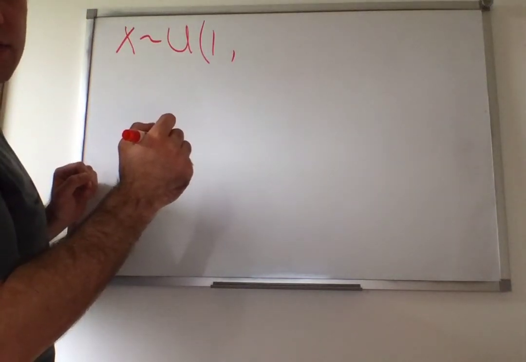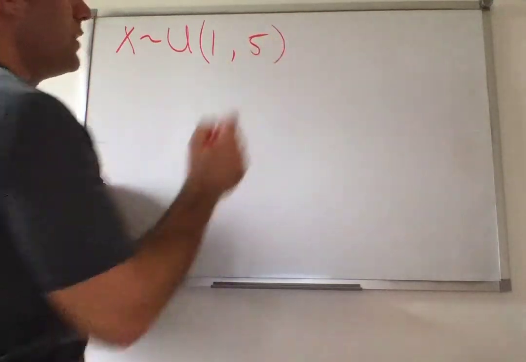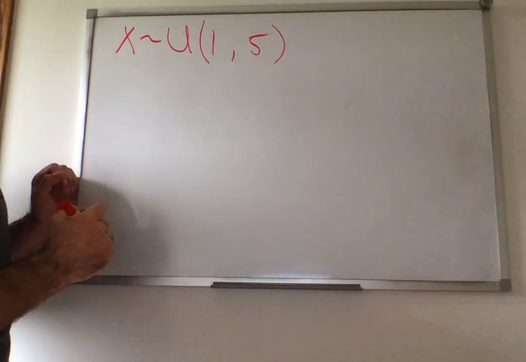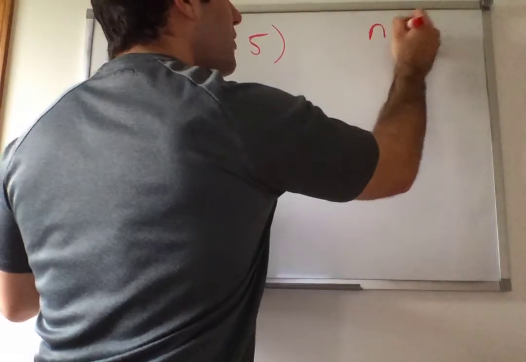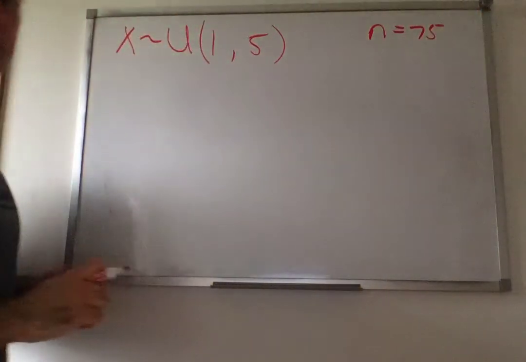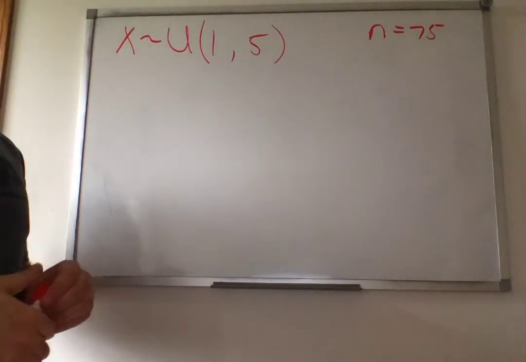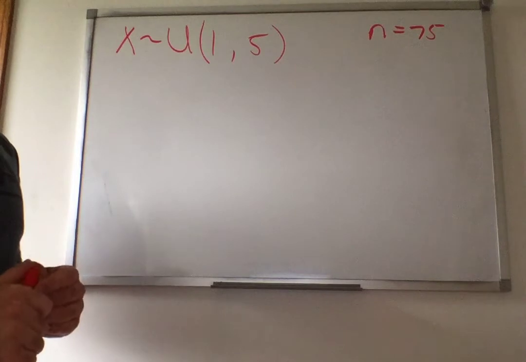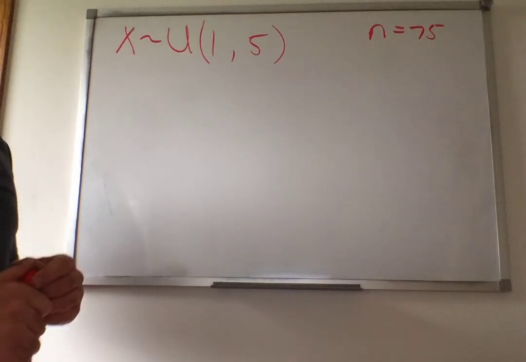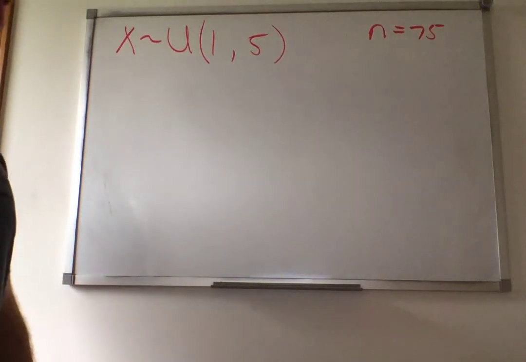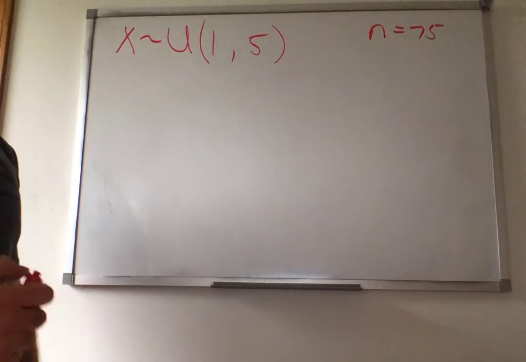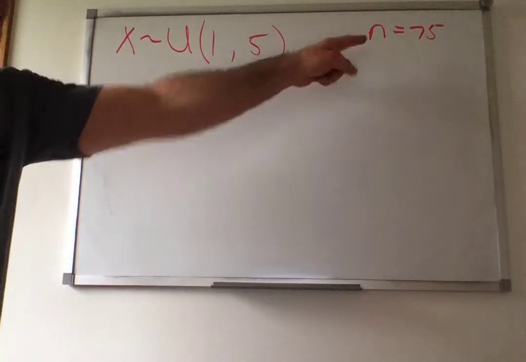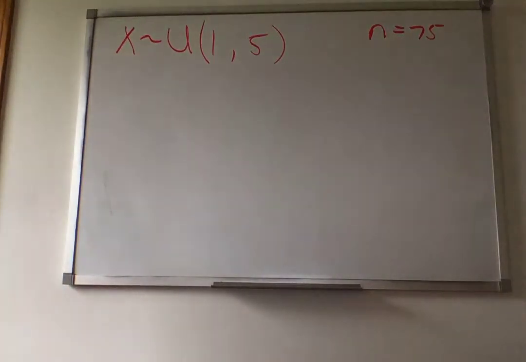Let's see, equal to 5. It is 5. Now it says, using a sample of 75 students, so N here is 75, find the probability that the average stress score for the 75 students is less than 2.